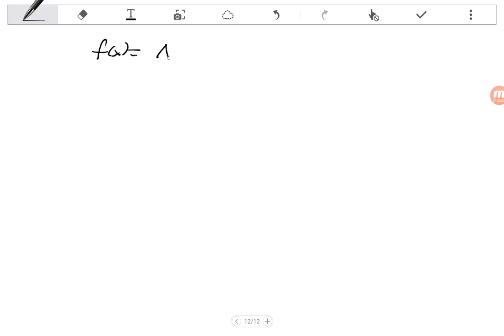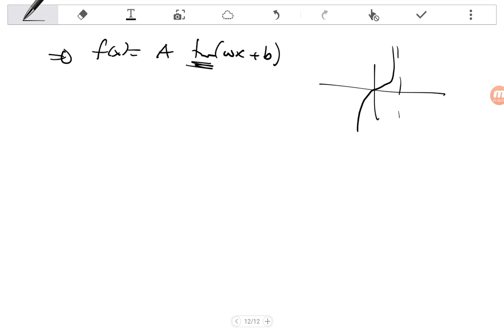For f of x equals a tan omega x plus b. Now, what is the amplitude of tan? Let's look at the graph of tan.